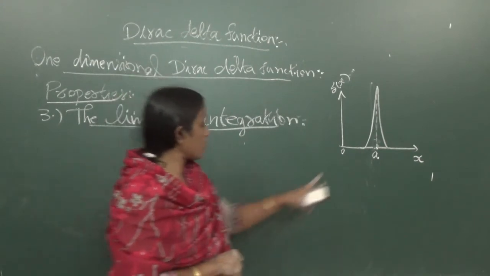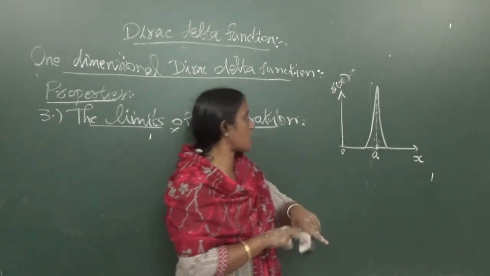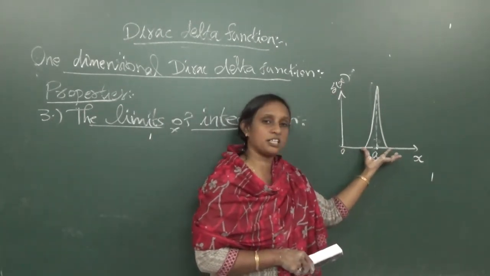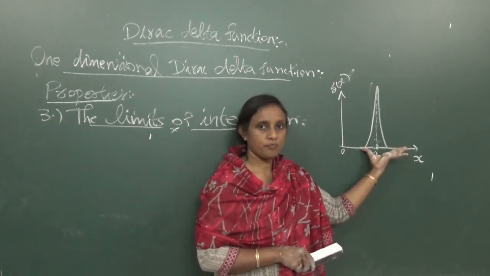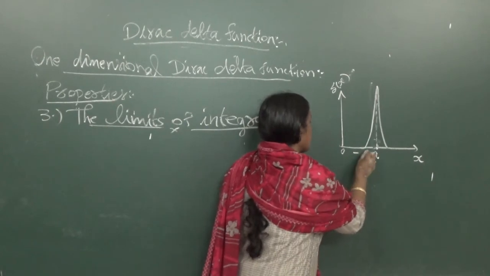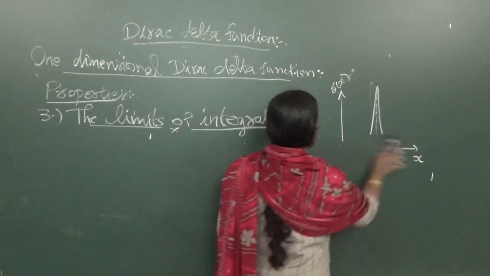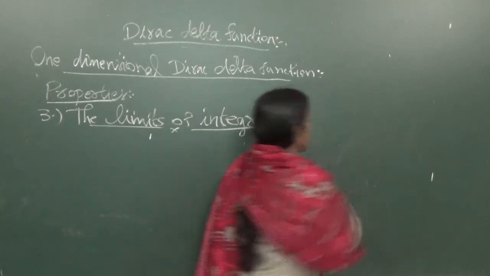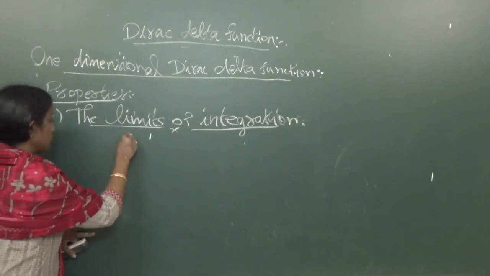Okay. For example, in this case, you can see that this Dirac delta function extends only this much. After that, it is already 0. Okay. So, if you write the integration limits like this, minus, suppose I want to just redraw this diagram. I can draw here.